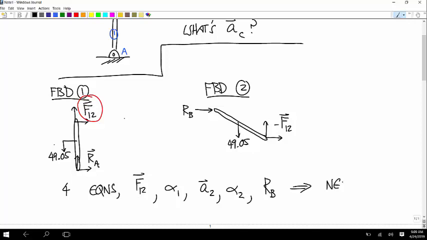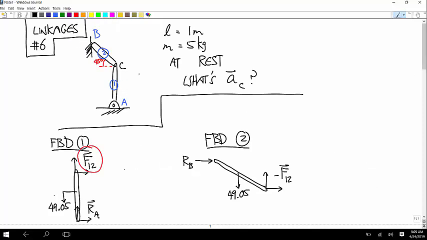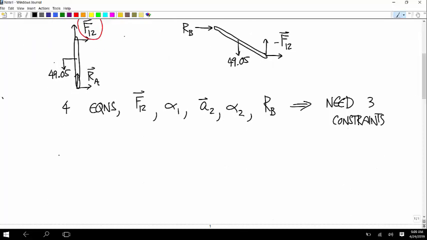So we need 3 constraints. And those are going to be that the acceleration at C, according to member 1, is equal to the acceleration at C according to member 2. So that's 2 constraint equations.